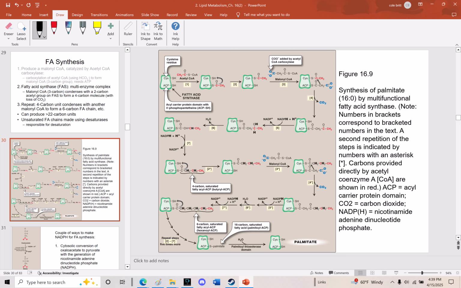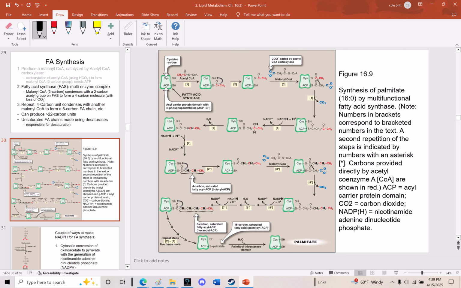These hydrogens are your body's way of reducing that fatty acid, because those hydrogens contain the electrons. And so those electrons and those hydrogens are going to be added to the growing fatty acid chain. And so what we end up with, NADPH becomes NADP+, when it loses its electrons.